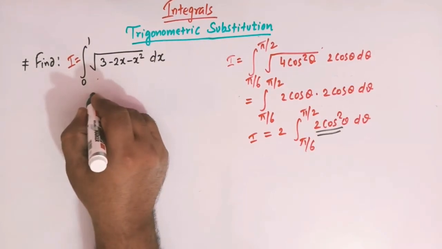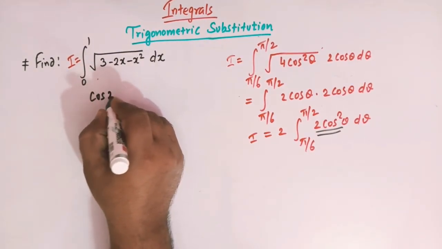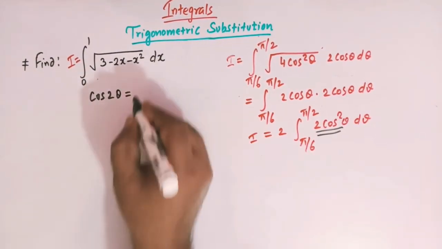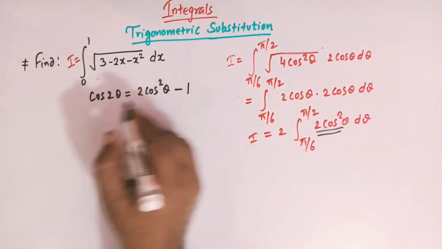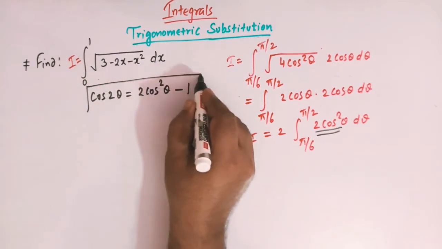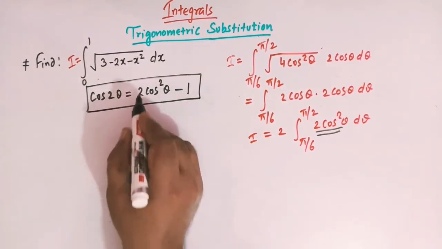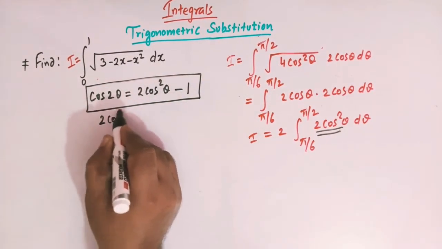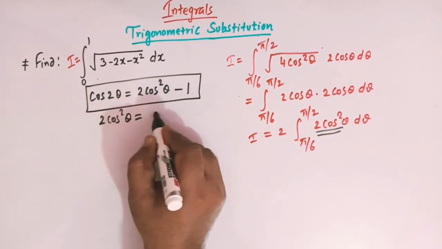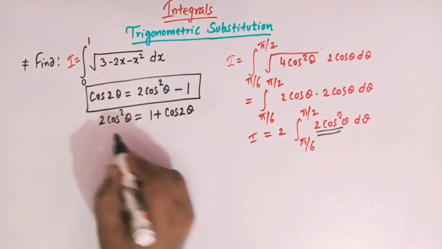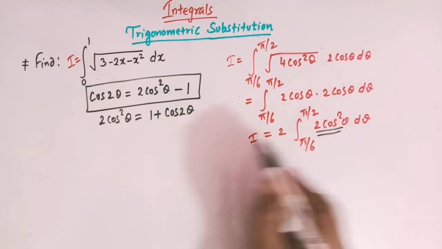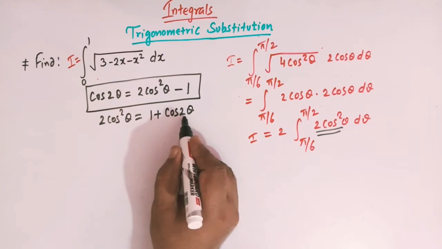So we know the formula for cos 2 theta. Cos 2 theta is equal to 2 cos square theta minus 1, right? So this is an important trigonometric identity. So 2 cos square theta can be written as 1 plus cosine 2 theta, right? So 2 cos square theta can be replaced by 1 plus cos 2 theta.